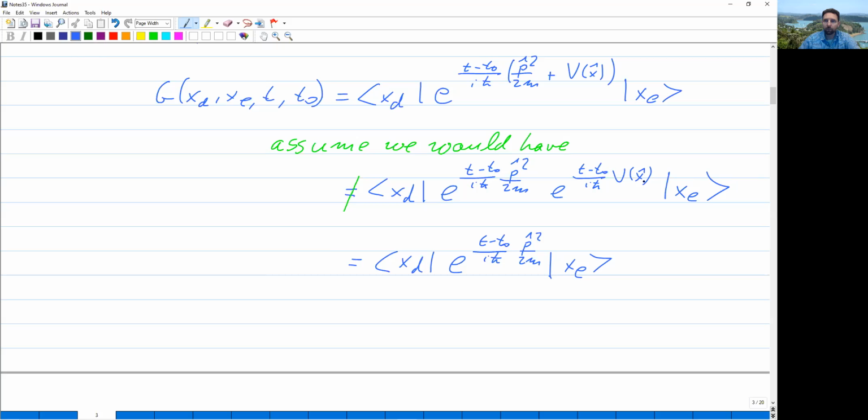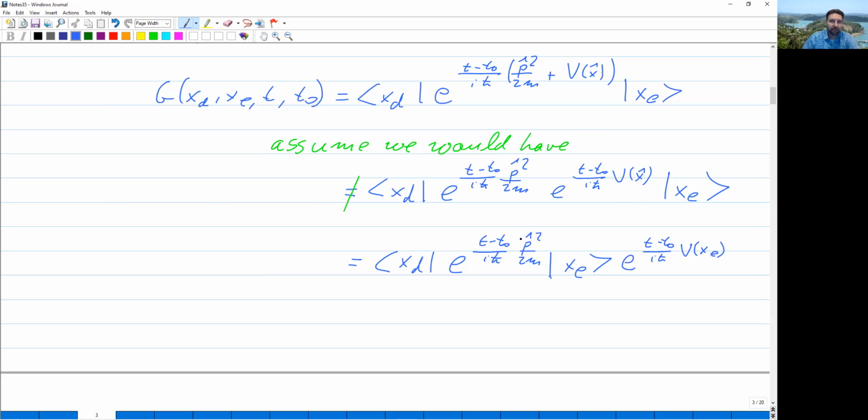Why? Well, because the position operator is acting on a position eigenvector. So therefore, we would simply have e to the power of (t minus t naught) over i h bar times V of xe. That's nice, right? Because this has lost its operator character.